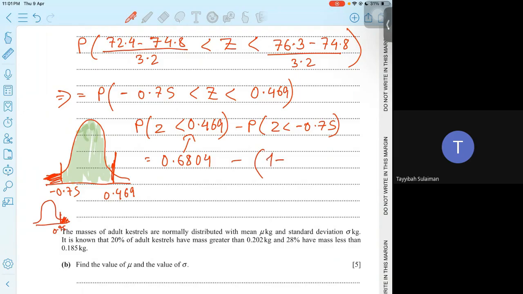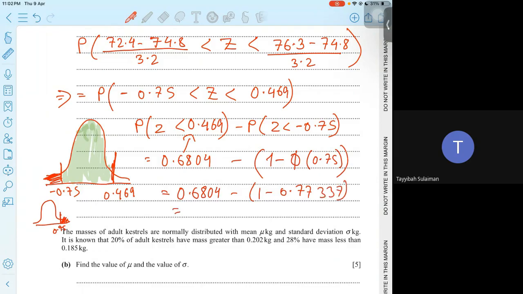The way to do that, if you recall, is 0.75. This is the workout of doing this. So 0.6804 minus, and this comes out to be 1 minus 0.77337.